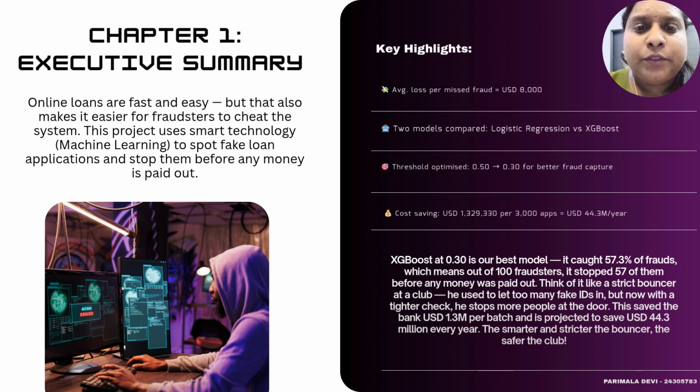Here, the XGBoost is our best model, detecting 57.3% of frauds and saving the bank USD 1.3 million per batch, projected to reach USD 44.3 million annually.